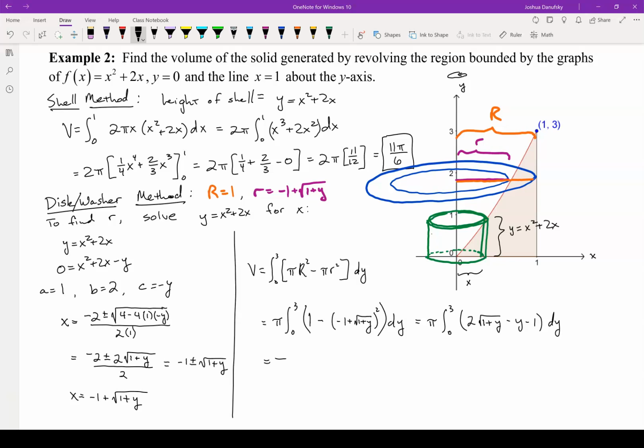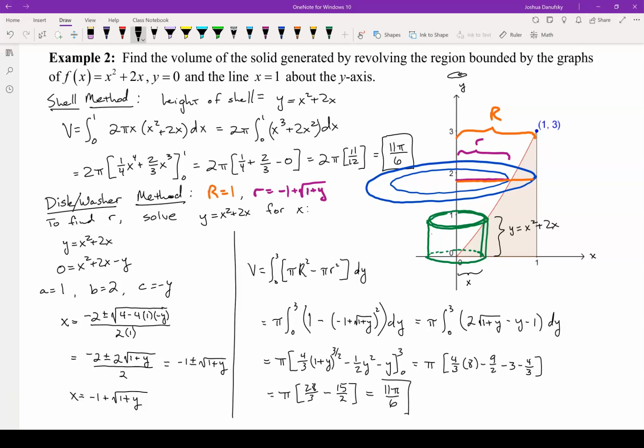Now we integrate. And we get the same final result.